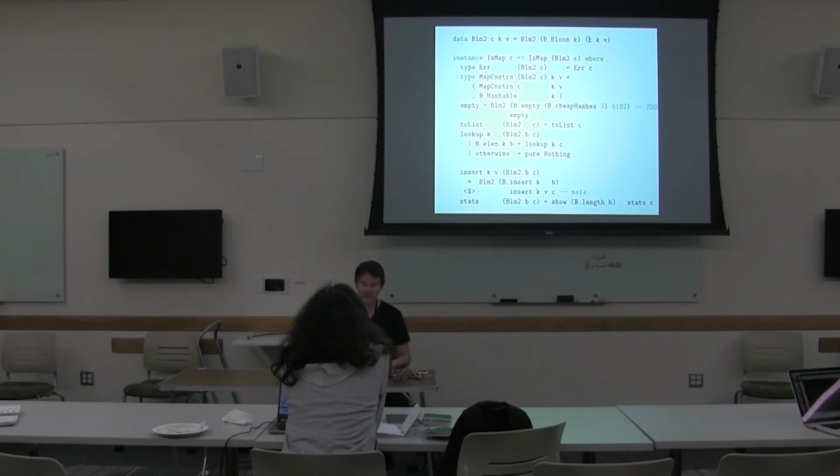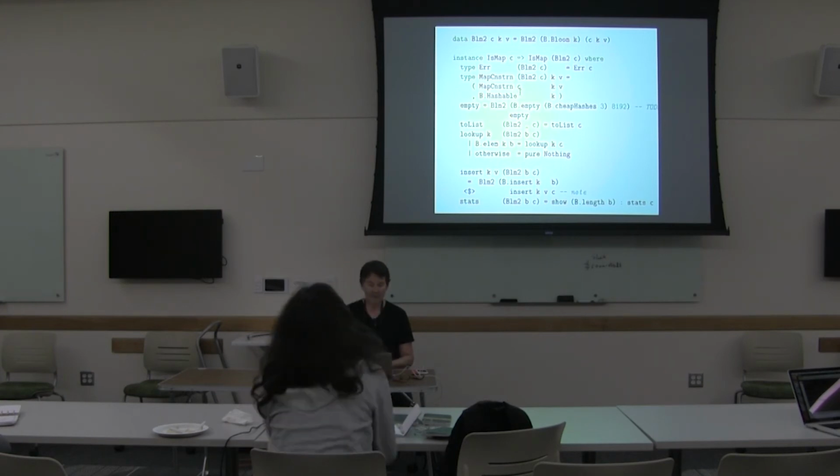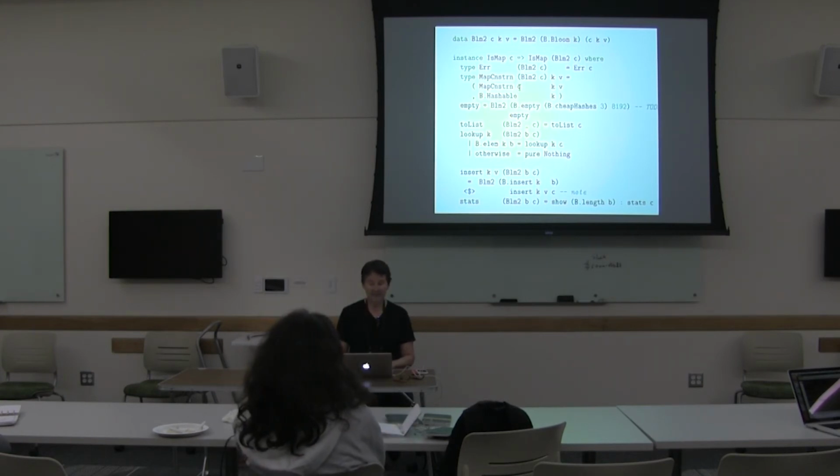So now I've abstracted map into this type called C. And then for the instance, if C is a map, then a bloom of C is also a map, where the error of a bloom of C is, just like before, the error of the underlying map. But now I'm not saying it's error of Map.Map, I'm saying it's error of C, because I have no idea what's coming underneath. It's not hardwiring in that map. And the constraint looks the same too, but once again, I'm saying the constraint of C.